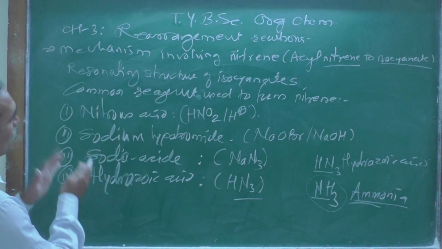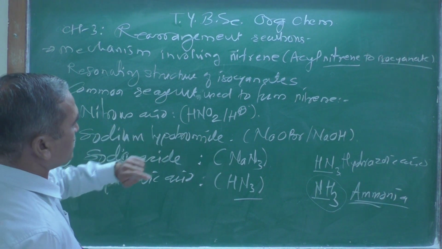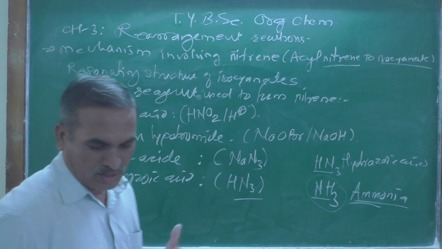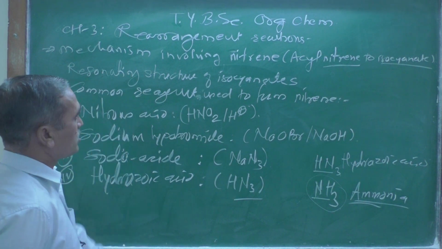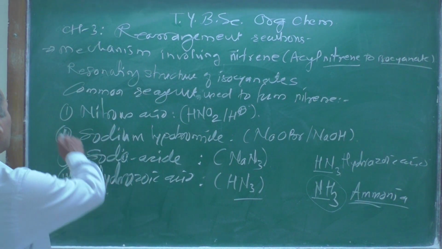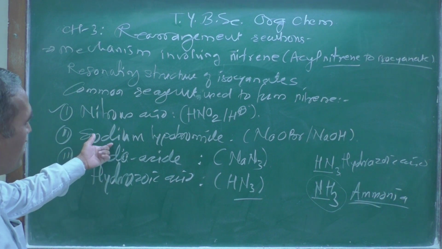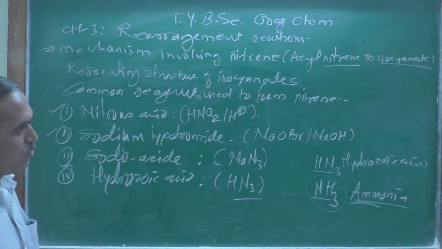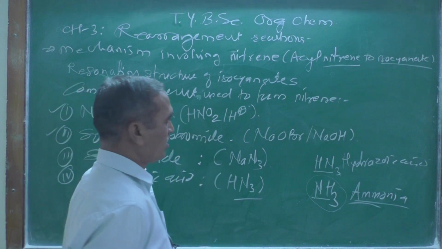These are the common reagents to form nitrene. Nitrous acid, HNO2 in presence of H plus, we are going to look at in the Curtius rearrangement reaction. Then sodium hypobromite is the reagent we are going to use in the Hofmann rearrangement reaction, which you already learned in T.Y.B.Sc.